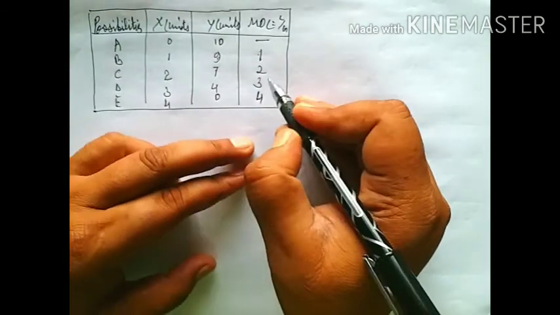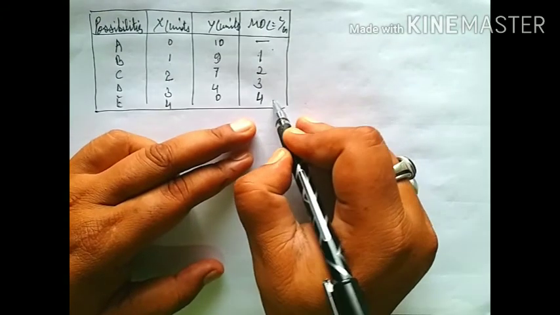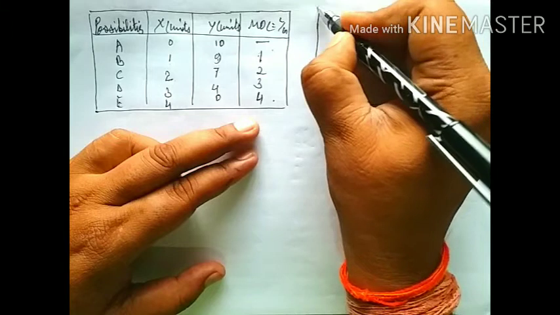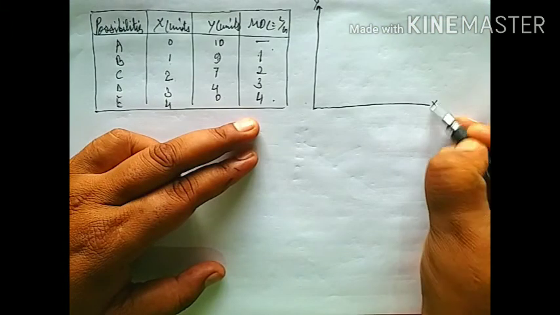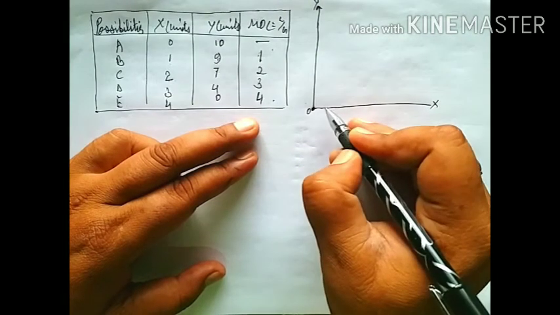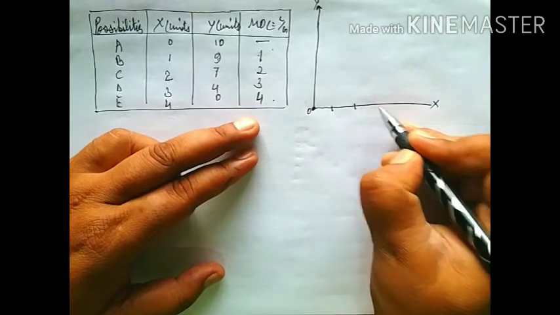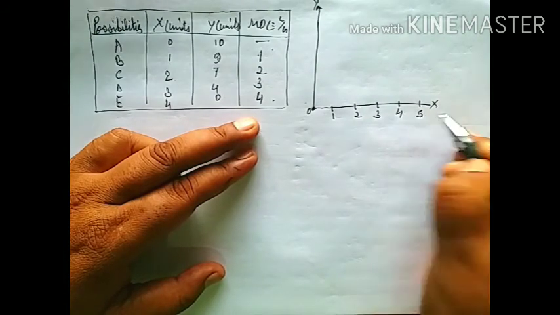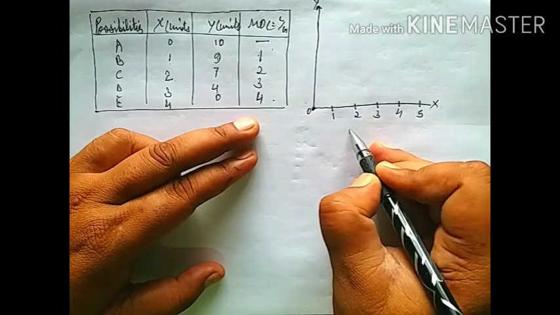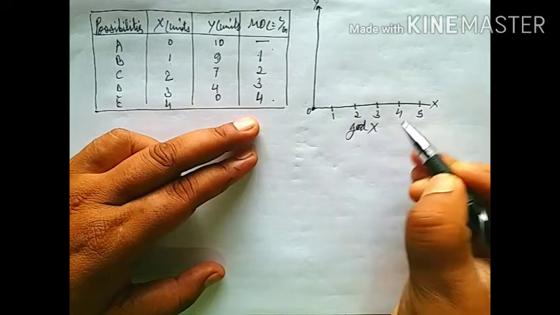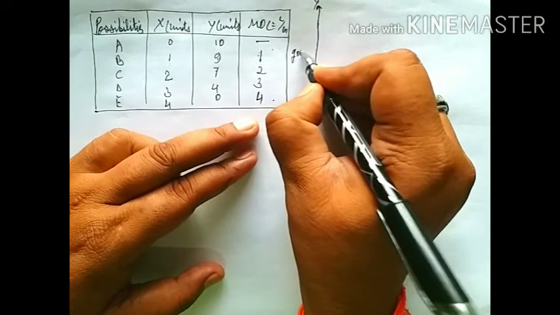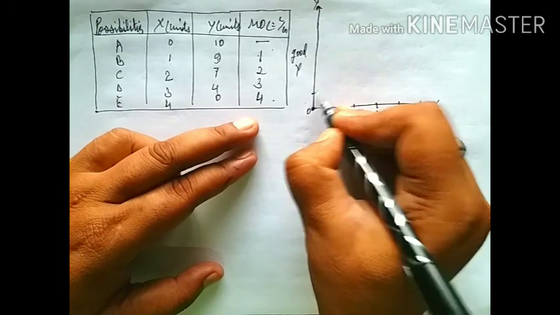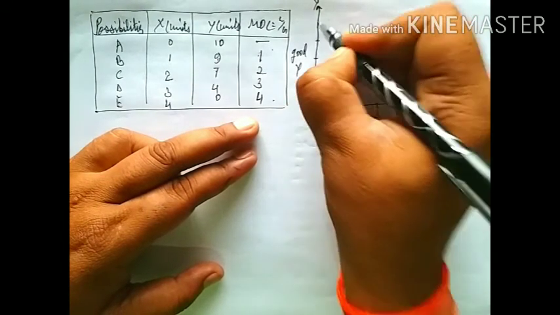So what we are observing here is that the MOC is increasing, and when we locate this data on this graph, 0, 1, 2, 3, 4 and 5, the units of commodity X, and Y, 2, 4, 6, 8, 10.